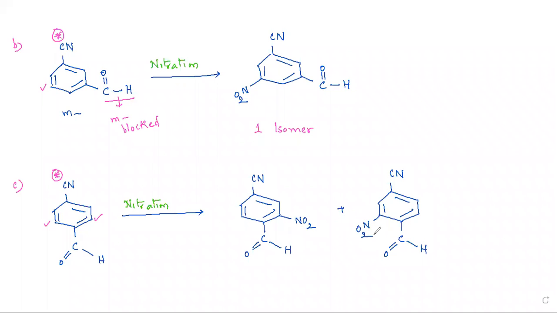Now check whether these two are different or the same. No, they are same because anyway cyano group is senior. The carbon that has got this cyano group gets the first number, nitro gets the third number, and aldehyde gets the fourth number. I mean the carbon that has aldehyde. Same 1, 3, 4 even in the second case. So this again is only one isomer.